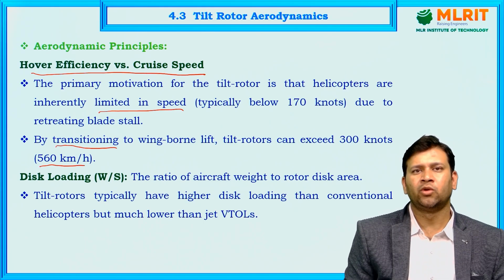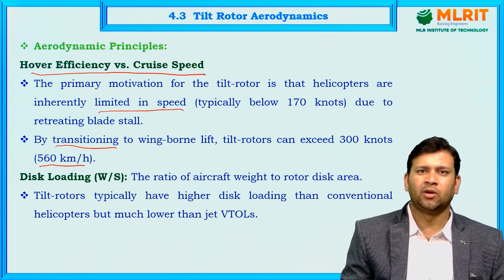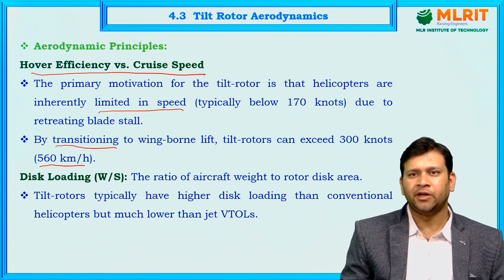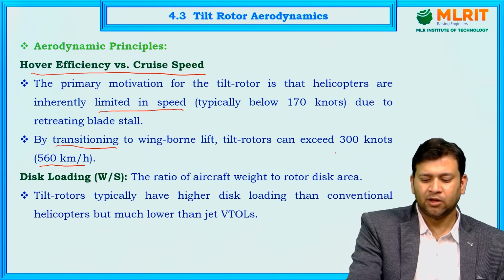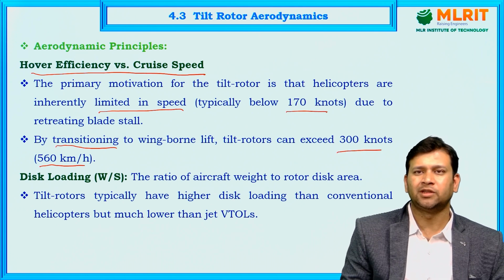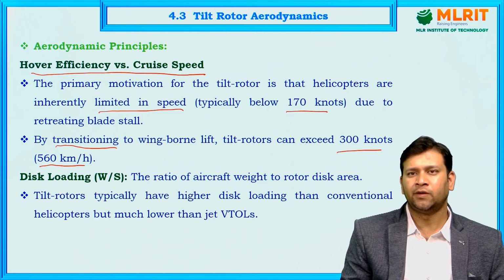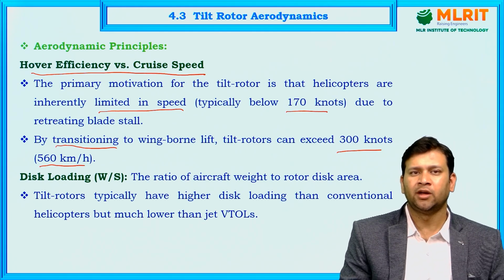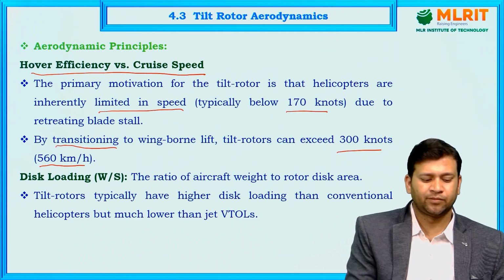So, once the rotor goes from vertical orientation to forward flight, that is in propeller configuration, the tilt rotor almost doubles its speed. Earlier when hovering, it goes up to a speed of 170 knots, but during forward flight, it goes up to 300 knots, which is equivalent to a fixed wing aircraft.